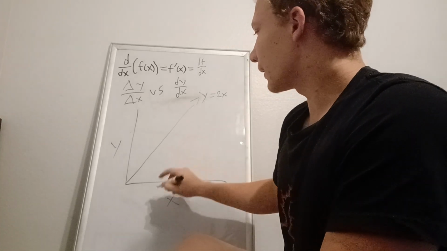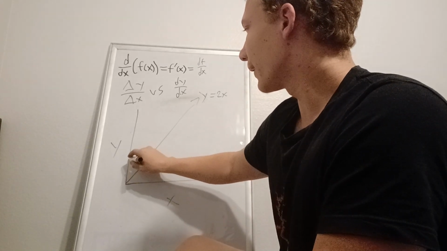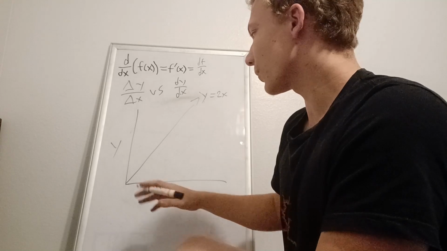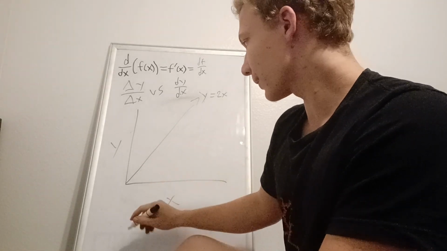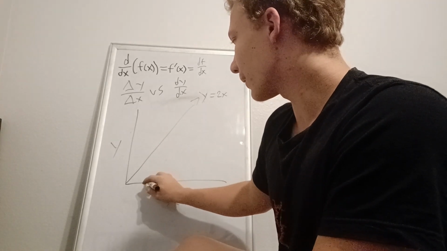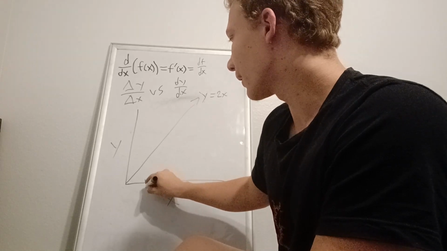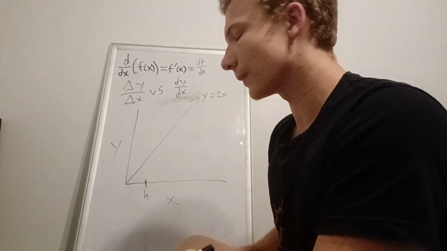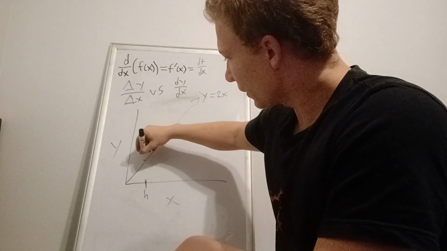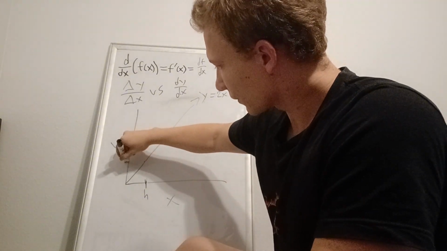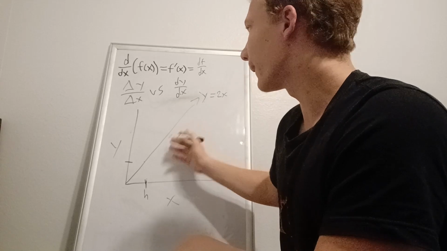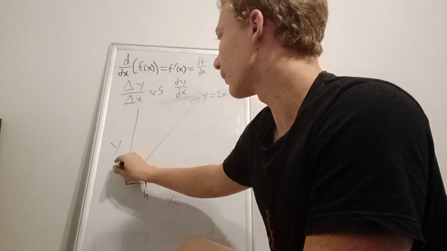So the idea is we have a change in y and a change in x. We're going to consider x first. Maybe this is our change in x, from 0 to this point, we'll call it h. Which means the equivalent change in y, maybe we'll call this g.